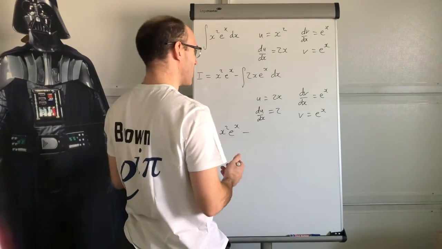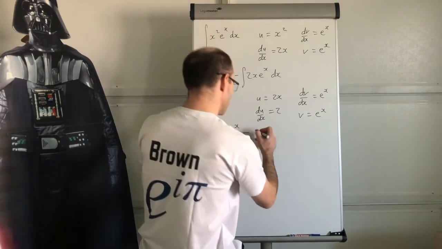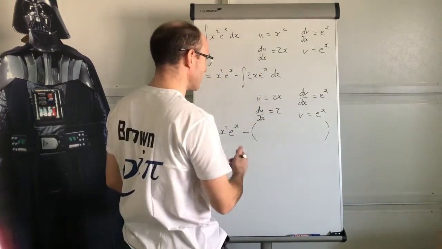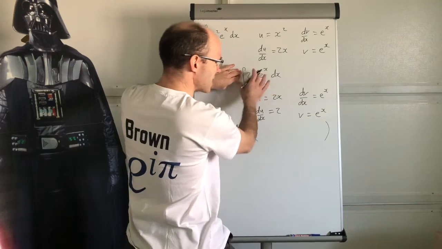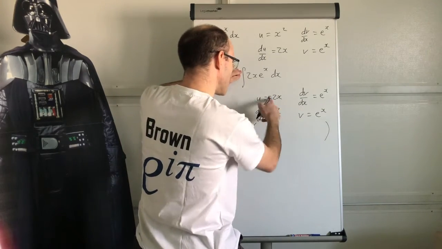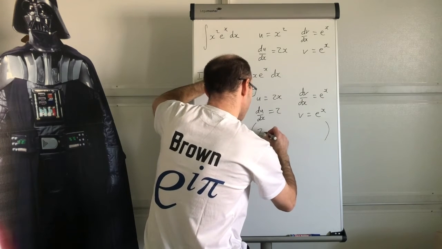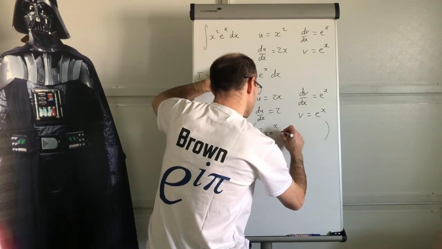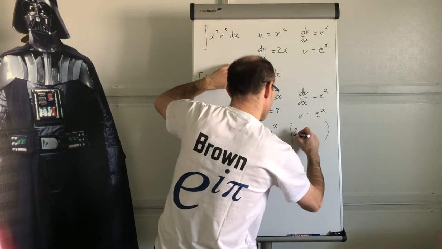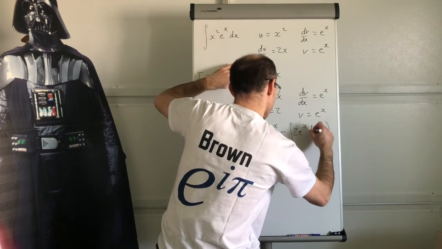Now, when you're subtracting this integral, my advice is put the thing in brackets. I'll explain why once I've done it. Just consider that as an integral on its own. So you've got uv, that's 2x e to the x, and then subtract the integral of v du dx, that times by that, 2 e to the x dx.